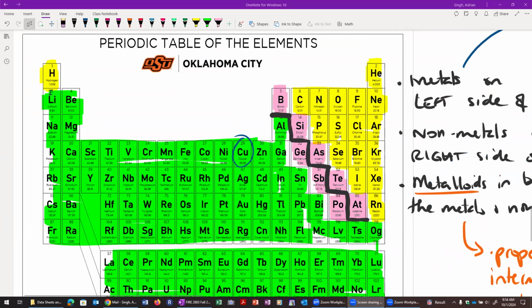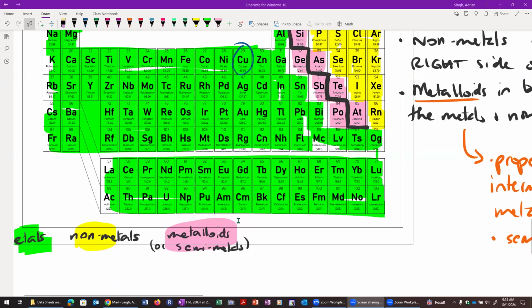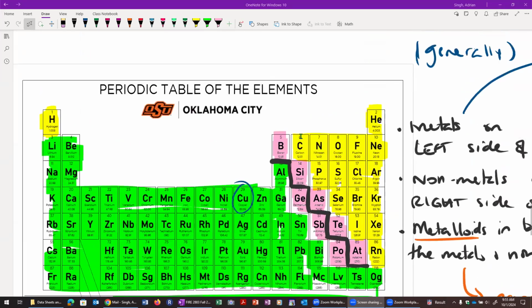The reason why it's over here on the left in the same column as the element below it is that it has some characteristics chemically that are more similar to these than it is to the non-metals. So that's why you see it over on the left side rather than with the other non-metals on the right. And again, these are general trends on the periodic table. There are always going to be exceptions. Hydrogen is a good example of one of those exceptions.